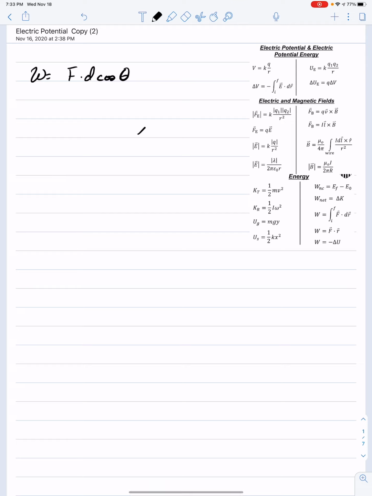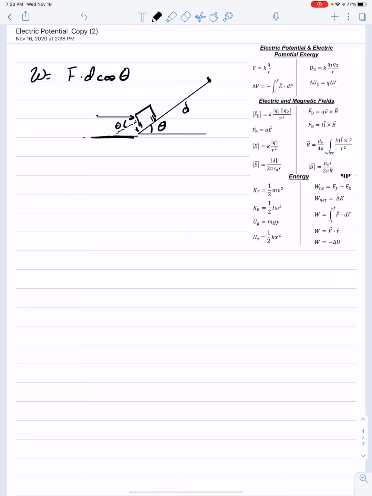So for example, if we have an inclined plane, and this inclined plane has an angle theta, this distance right here is d. We have a block that's starting all the way at the bottom, and we have a force that is horizontal, and it has an angle when applied to the block.